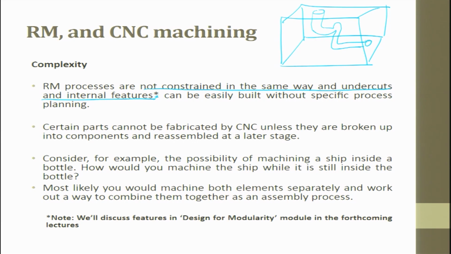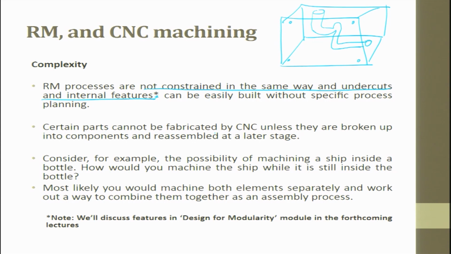If I want to make it, I have to split the part into two parts, make a channel on one, make a corresponding channel on the other, then mount them together by a fastening method, and then I get this block. But in RM you can get the whole feature done without splitting the block.